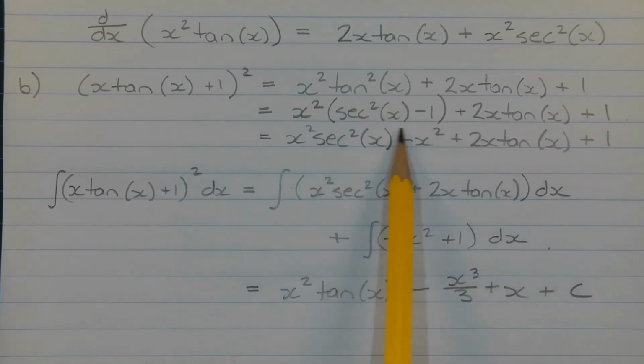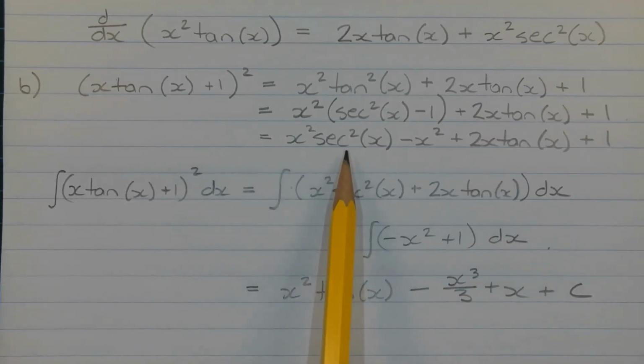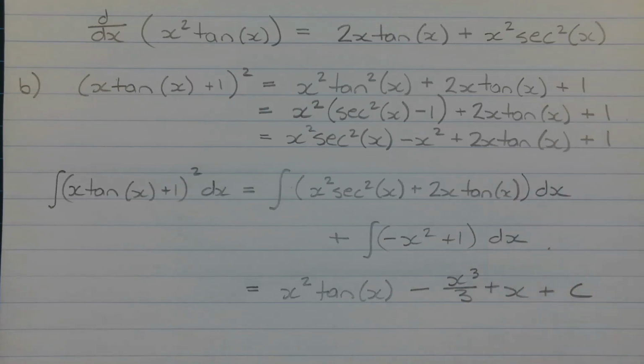Now we need to do this because from part A, we need to have a sec squared x appearing in the integrand. So expanding the brackets here, we get x squared sec squared x minus x squared plus 2x tan x plus 1.